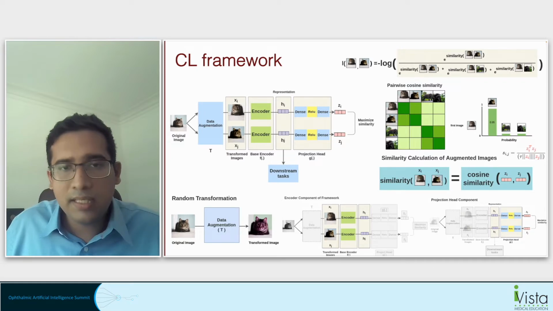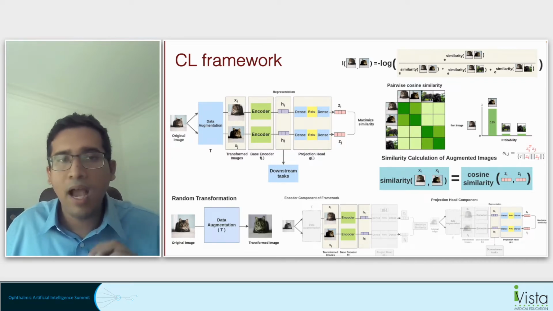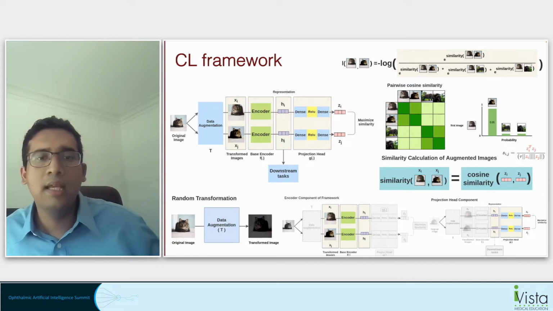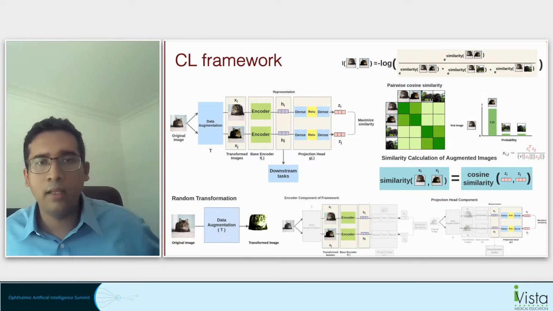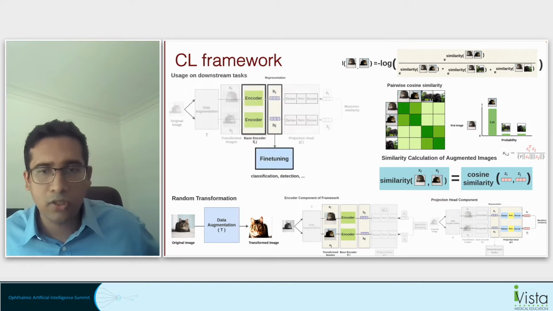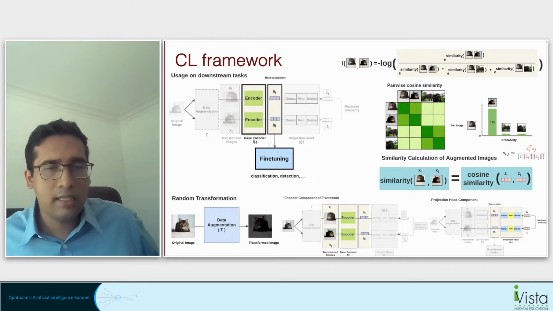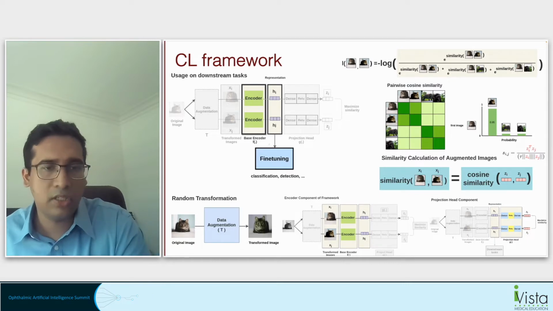The hope is that images coming from the same image, for example these two cats, will have higher similarity, whereas images coming from different images, for example a cat and an elephant, will have lower similarity. This similarity is then combined, and a final loss function is measured for each batch, right? Once this framework is optimized, this representation that has learned a lot about the image is transferred to a secondary task. Now it can be image classification, segmentation, etc.